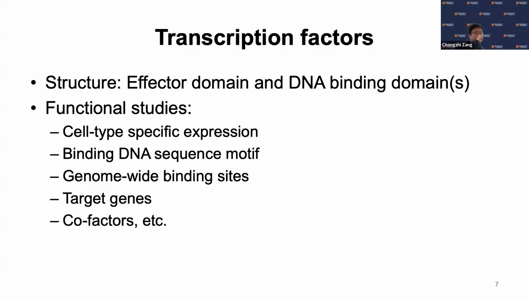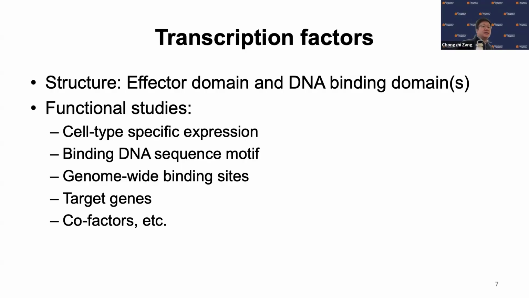So to summarize, in terms of their structure, transcription factors have an effector domain to play their role, and a DNA binding domain, so that they can directly bind or interact with specific DNA sequences.